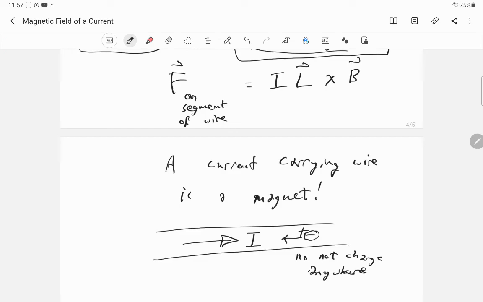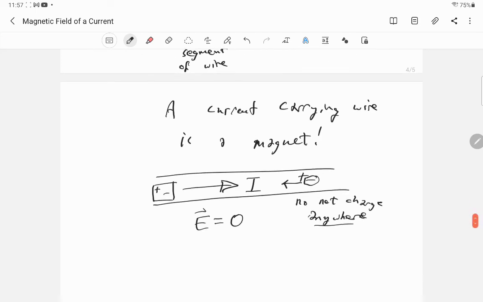But what I mean is anywhere you look, in any place on the wire, like say inside of this little square, you will always find the same number of pluses as minuses. It's just that the minuses are moving, right? So that means there's no net charge, which means you're not going to have any electric field, or at least the value of the field is going to be 0, but you are going to have magnetic field.